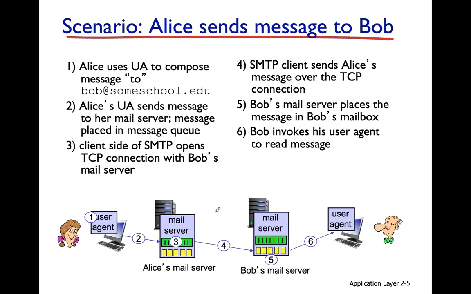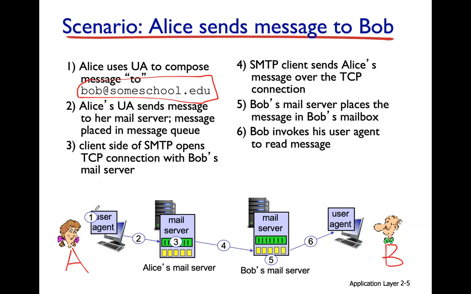Okay, let us see an example of how we send a message from Alice to Bob. Alice creates one message and provides the destination email address, which is bob at some school, for example, hpu.edu.